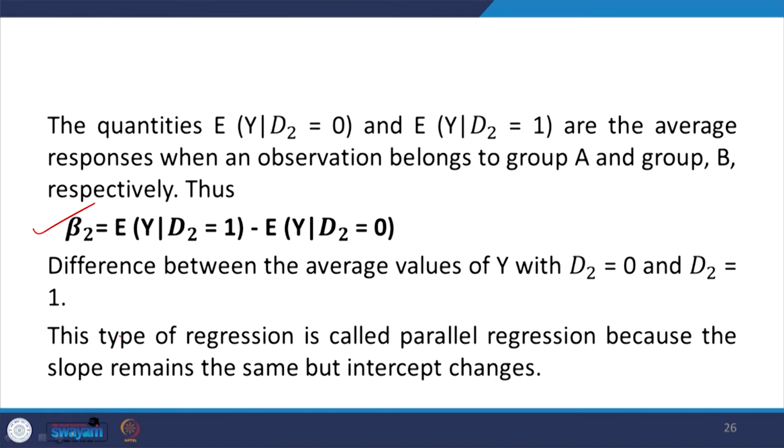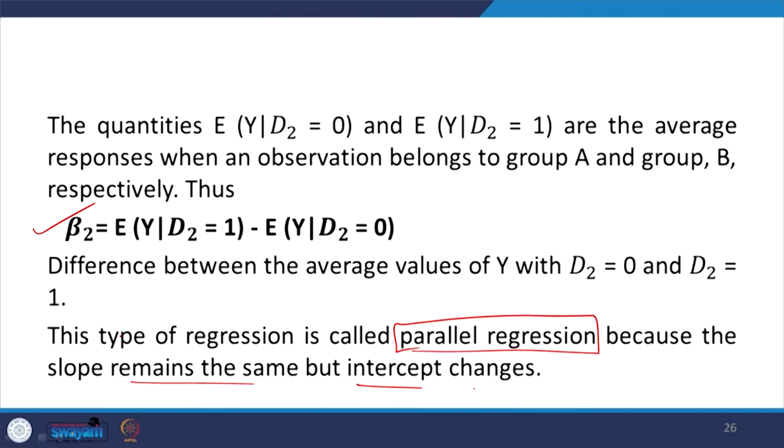Now, this type of regression analysis is called parallel regression, because the projected trend lines of both the models, with the different dummies and their coefficients, result in two parallel regression lines.